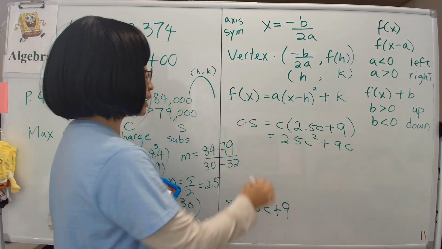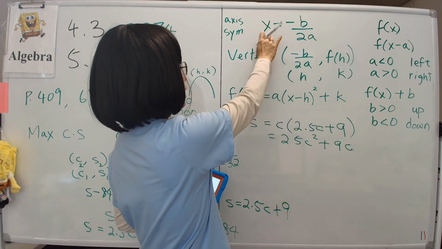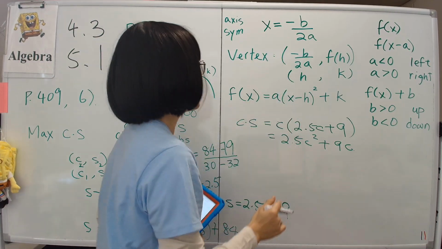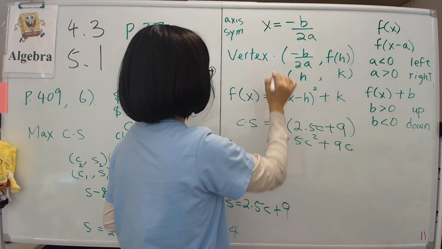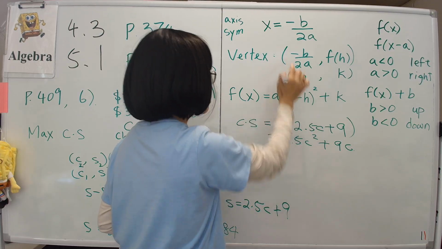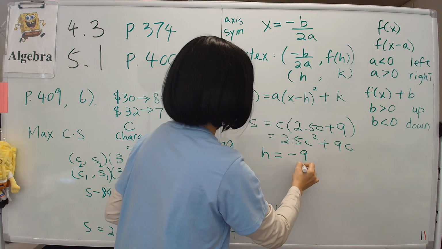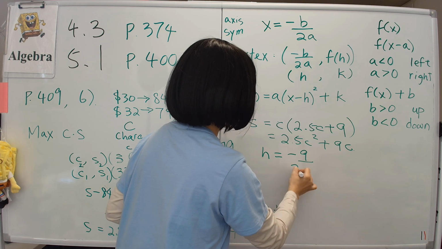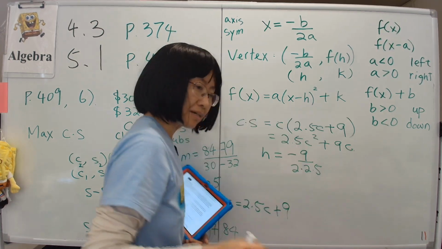Now we have to calculate the maximum, again using this particular formula. The h value is equal to minus b over 2a, minus 9 over 2 times 2.5.